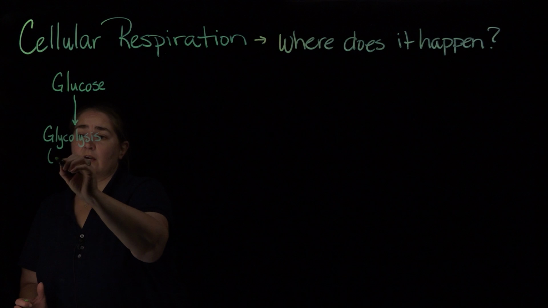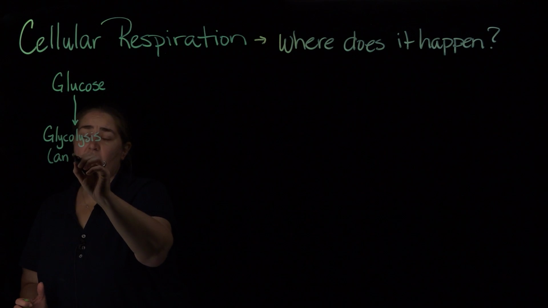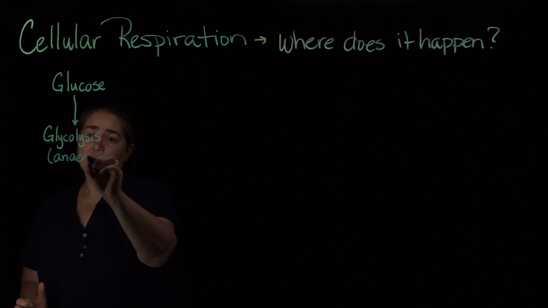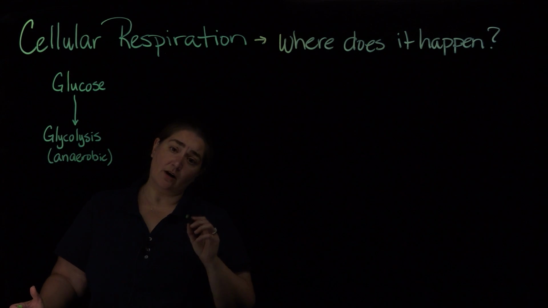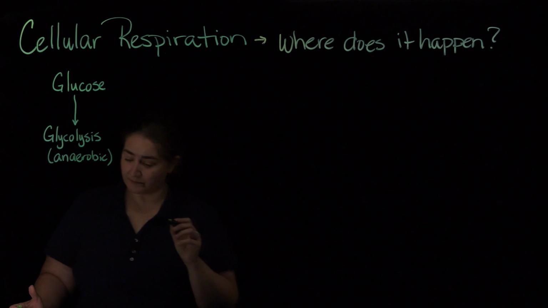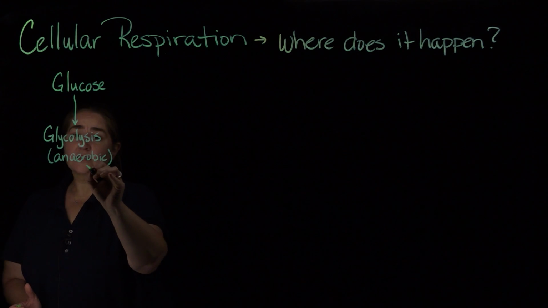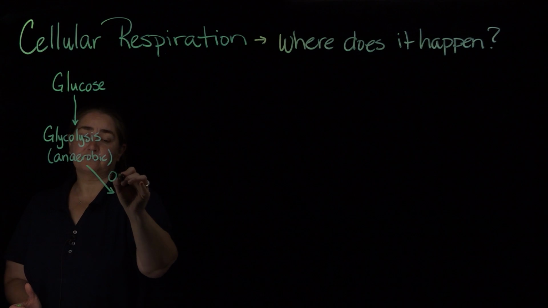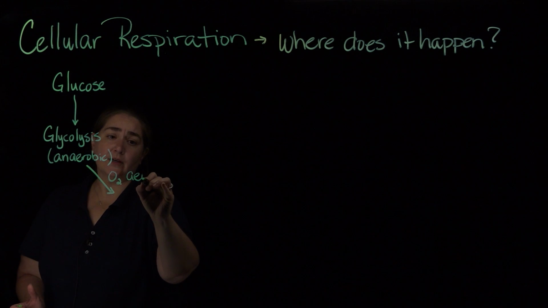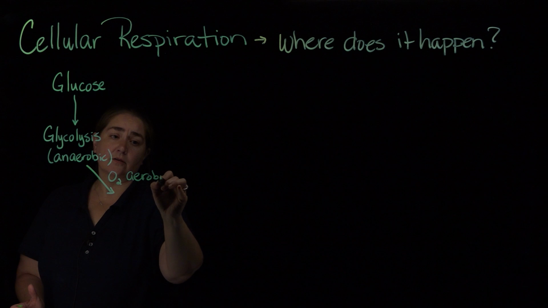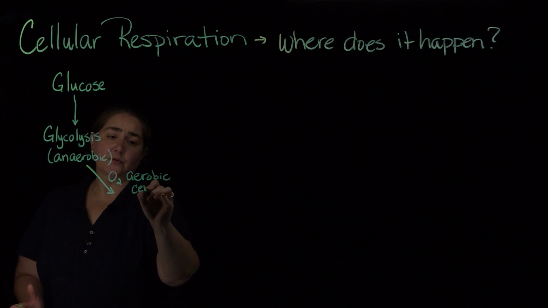One of the key things about glycolysis is that it's anaerobic. This is not where oxygen is needed. Now, if oxygen is present, we're going to undergo aerobic cellular respiration.